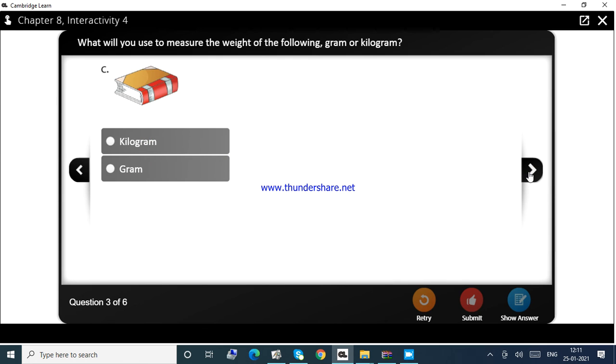Then C part, the book's weight is gram or kilogram?